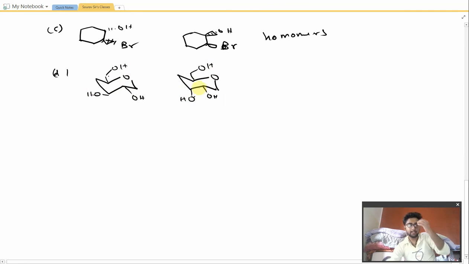In both the cases you can see that the difference is just in the axial and the equatorial positions of one of the OH groups. So this cannot be obtained by flipping or anything. So these are diastereomers. So options A, B, and D satisfy the condition for the question, that is the diastereomeric relationship must be present, and therefore options A, B, and D are the correct options.